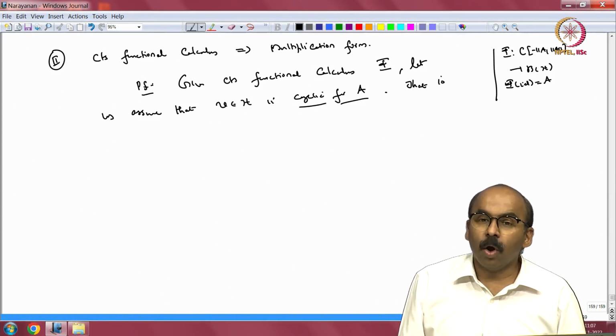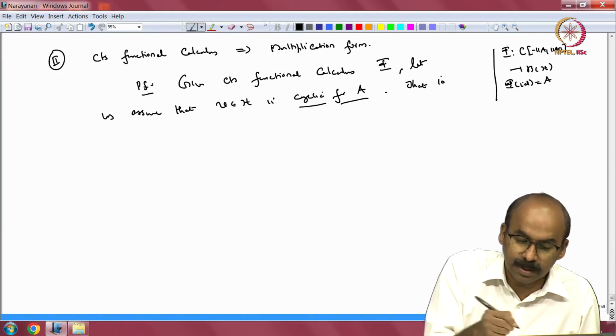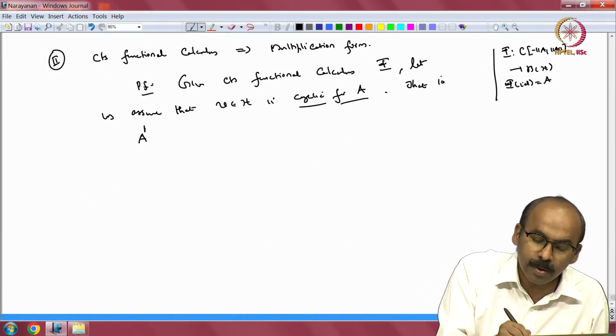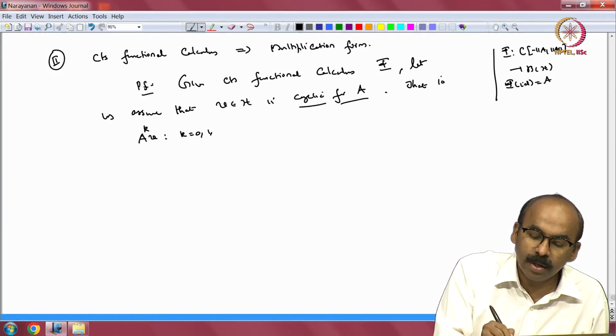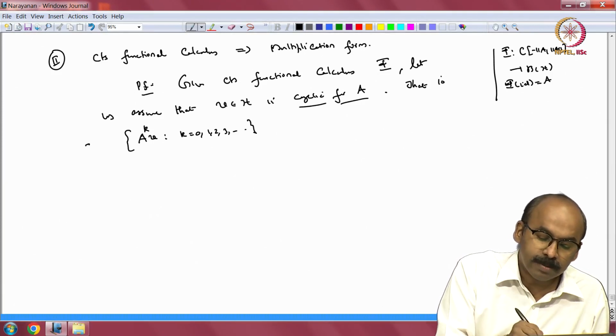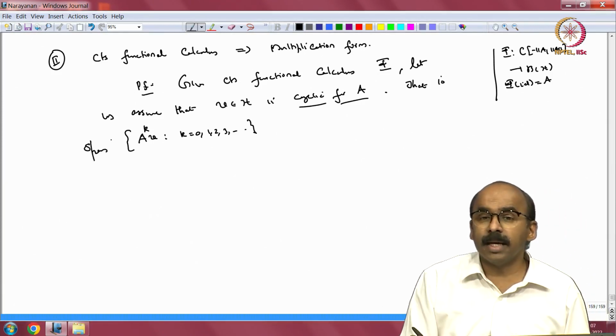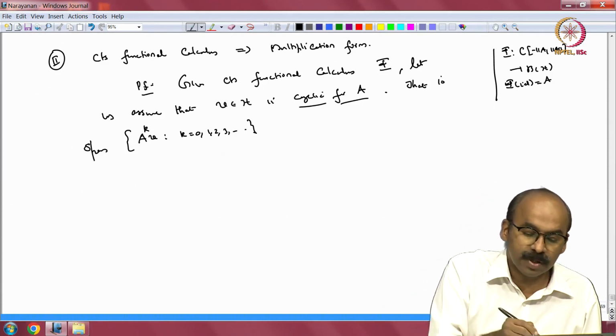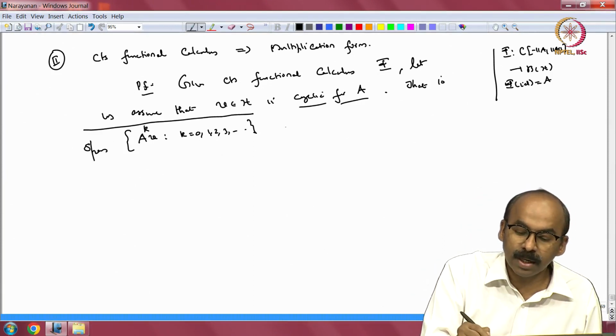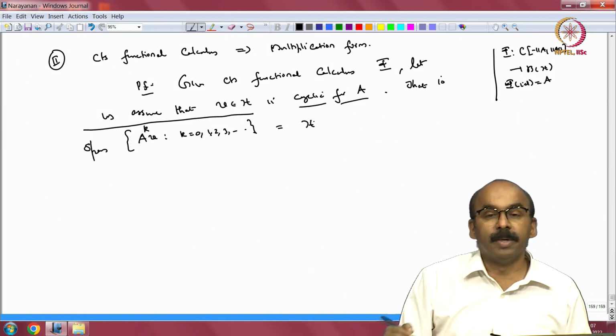That should be all of your Hilbert space. That is, you look at A to the k V, k going from 0, 1, 2, 3, etc., and then you take the span of these, finite linear combinations of things from there, and you take the closure, that should be equal to the Hilbert space.